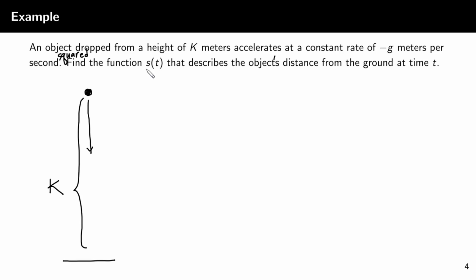So gusto nating malaman at time t ano yung distance niya from the ground. So let s of t be, ito yung gusto nating malaman, distance from the ground at time t. You will recognize this from Math 83.